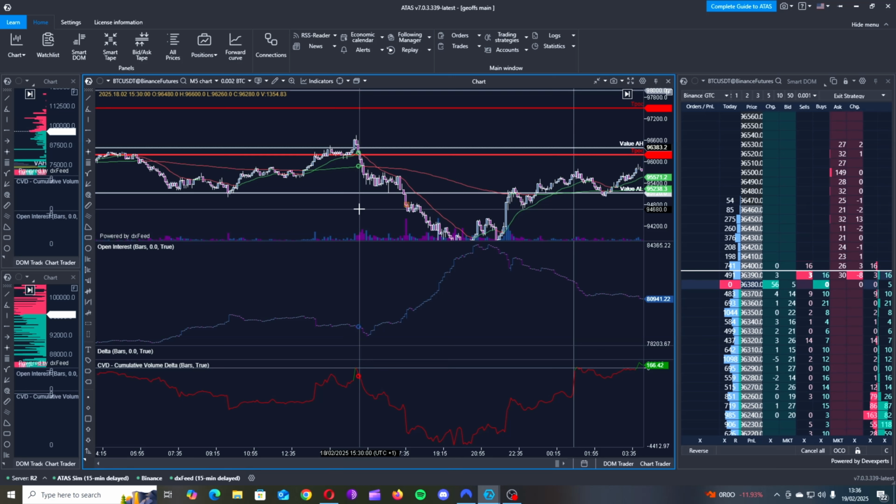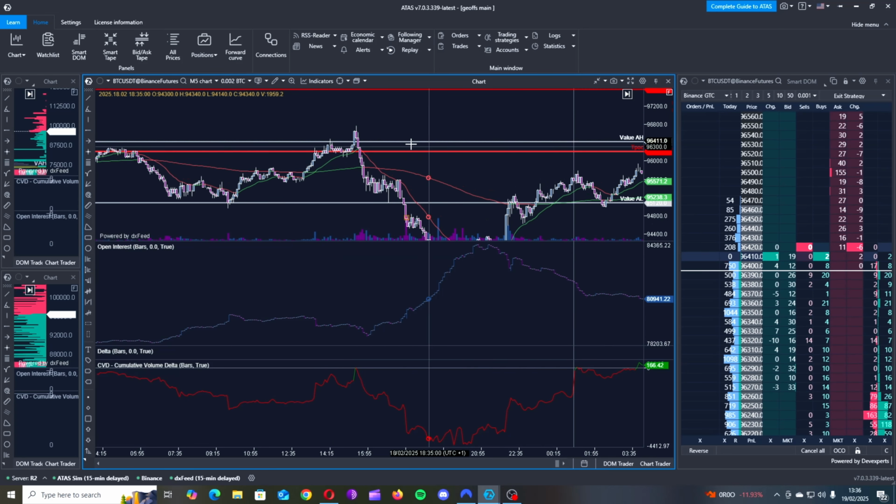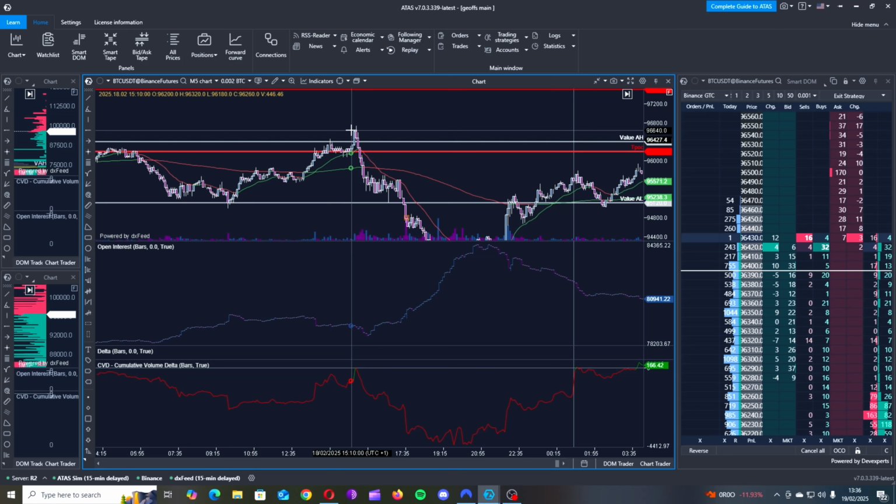So with the open interest decreasing, like I say, people are closing the positions or getting stopped out, which in turn, so if you had a long here and you put your stop loss there and you got stopped out here, what that does is when you've opened a long and you get stopped out, it's technically a sell order.